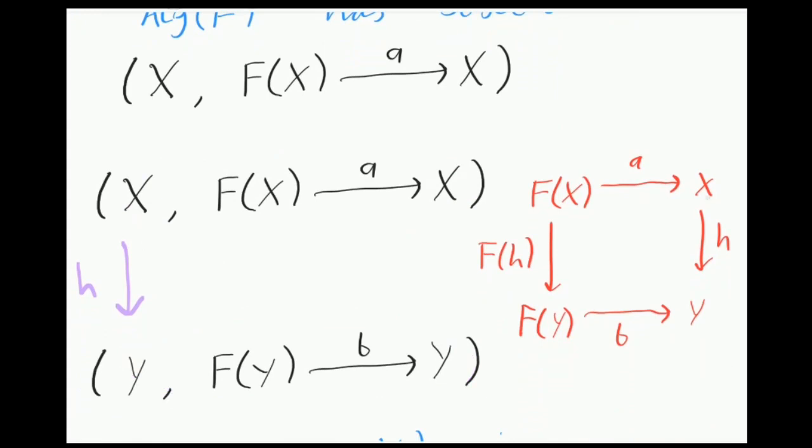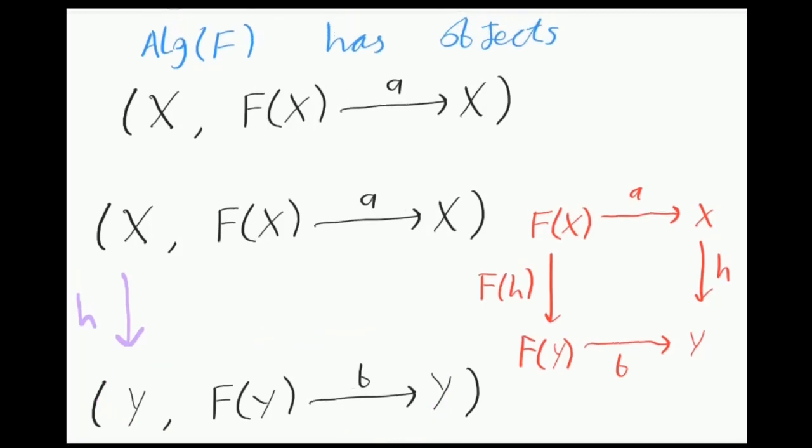Well, it's going to correspond to an arrow h from X to Y within our original category C. But that arrow h has to make this diagram commute. Okay, so if we go along the arrow A and then we go along h, we get the same result as if we go along F of h and then we go along B. That's what constitutes a morphism h from this algebra (X, A) to this algebra (Y, B).